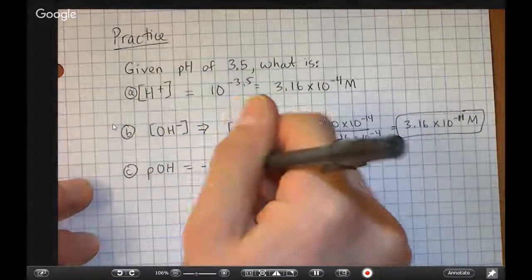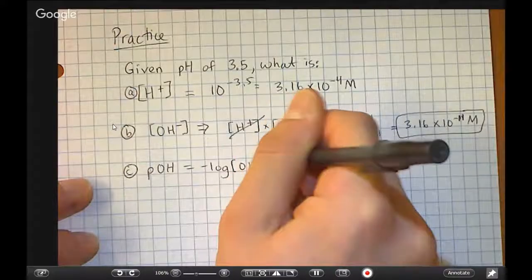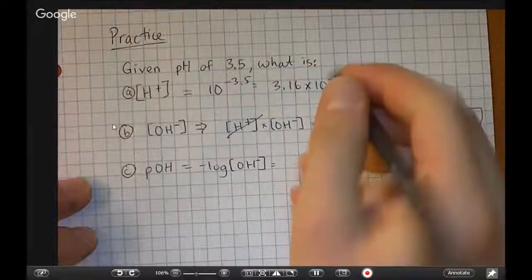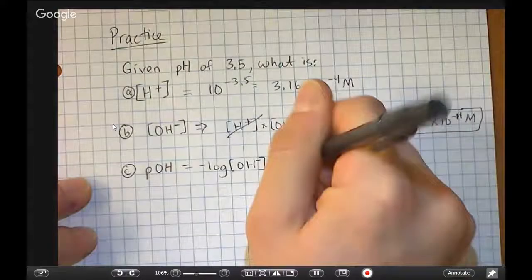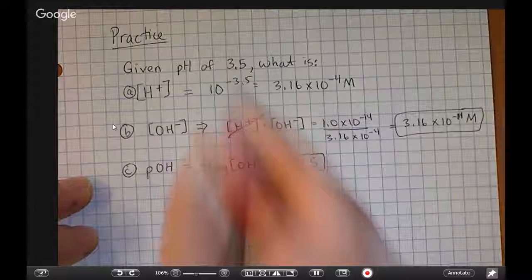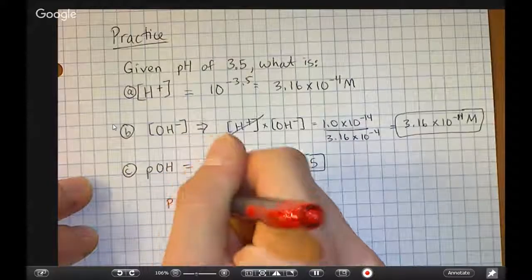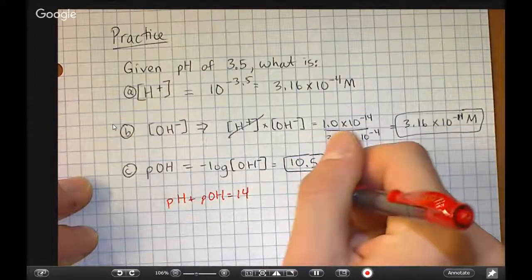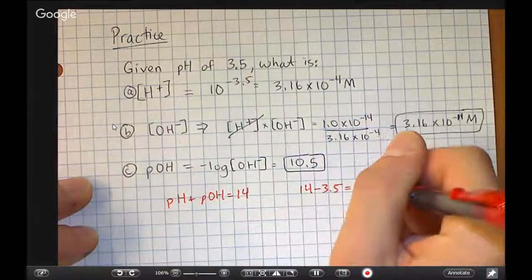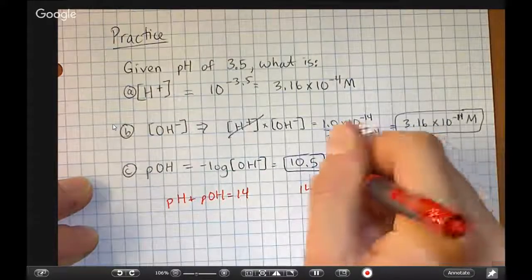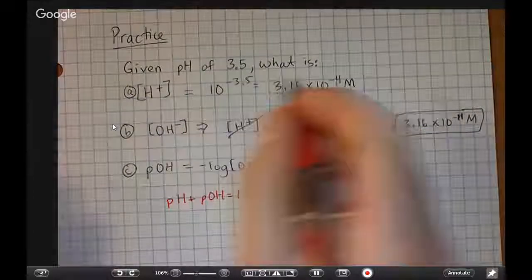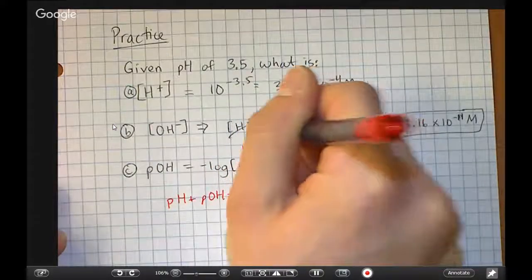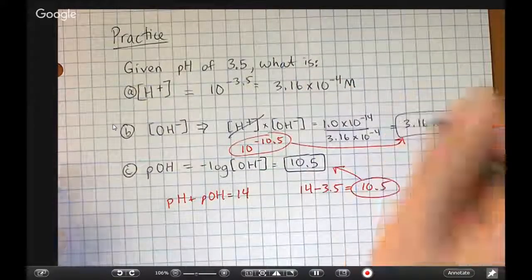And then pOH is negative log of your hydroxide, which from what we just did above would be 10.5. What you could have also done is said that pH plus pOH is equal to 14, and so 14 minus 3.5 would give us 10.5, which is the same. And then you could have done inverse log of negative 10.5, and that would have given you that value right there.